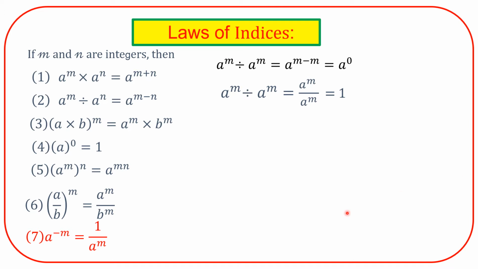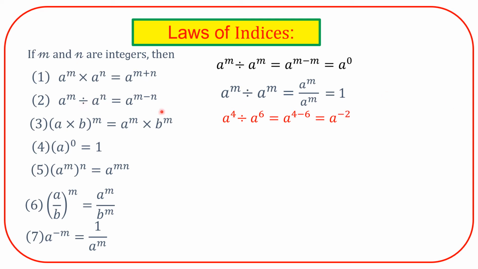Now, how does it come? For this, we take one example. a raised to 4 divided by a raised to 6 is equal to a raised to 4 minus 6, which is equal to a raised to minus 2.